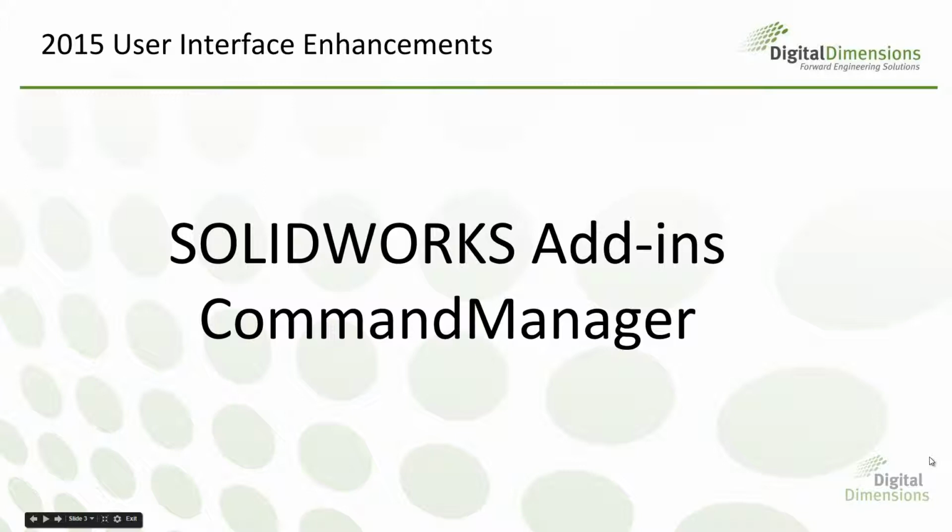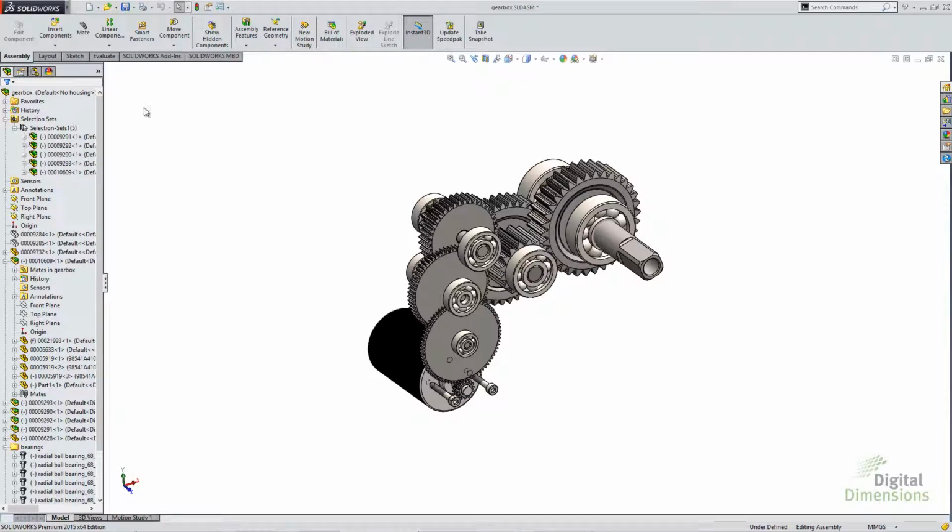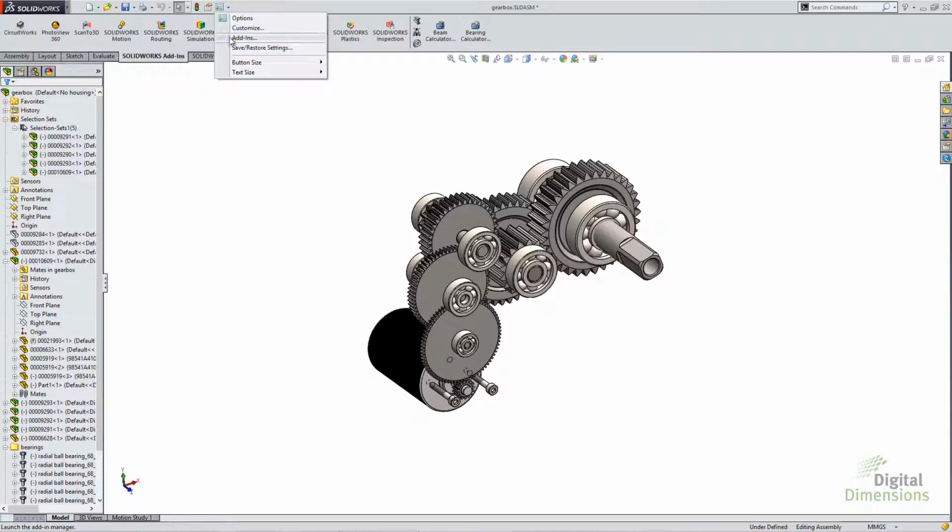This next enhancement's a small one, but it's mainly a rename. The SolidWorks Office Products tab in the command manager has now been renamed to SolidWorks Addin. So you'll notice in your tree, if you have the default tabs turned on, the SolidWorks Addin replaces the Office Products button. This is where you can quickly launch some of the add-ins that you would normally have to go to the Tools Add-ins menu to turn on.